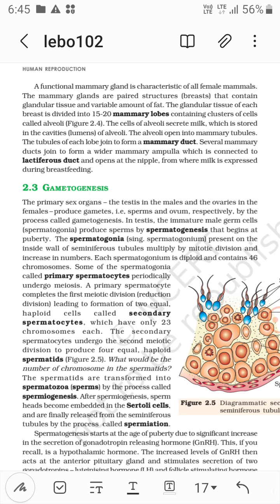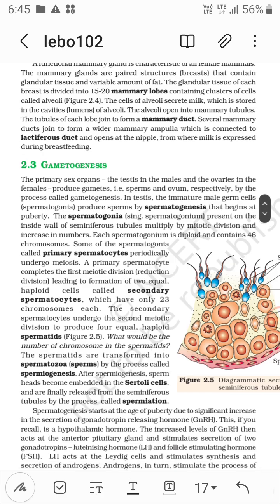Some of the spermatogonia, called primary spermatocytes, periodically undergo meiosis.